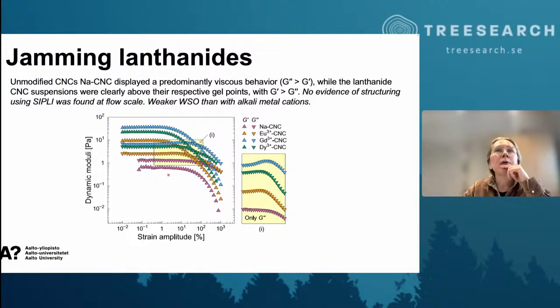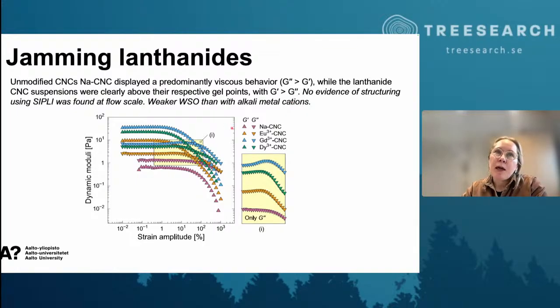So here we had predominantly viscous behavior with the unmodified ones, and again we have a modulation of the rheological properties of this material when we introduce the cations, in this case the lanthanides. In Roland's investigations, there was no evidence of structuring using this polarized light microscope setup, which is quite interesting as well.